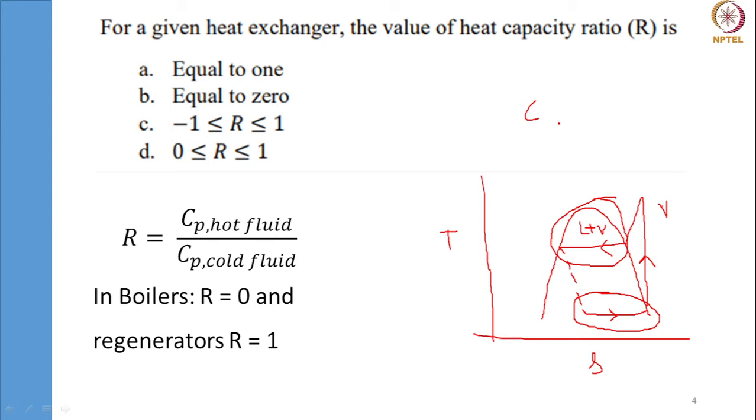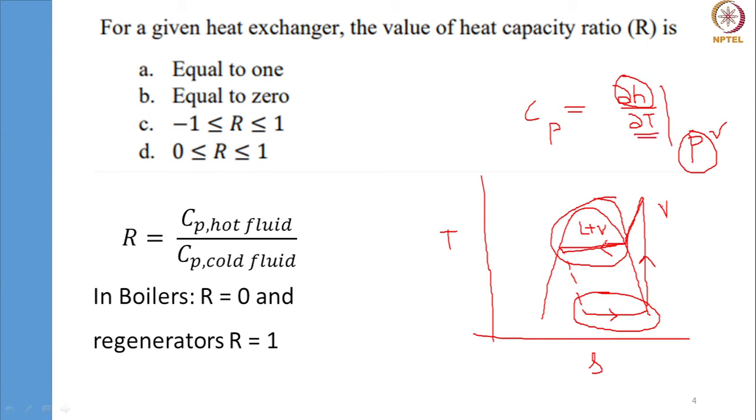At constant pressure, for a change in enthalpy, what is the change in temperature? Cp, I will just recollect for the benefit of the class, ∂H/∂T at constant pressure. So this is a constant pressure condensation.